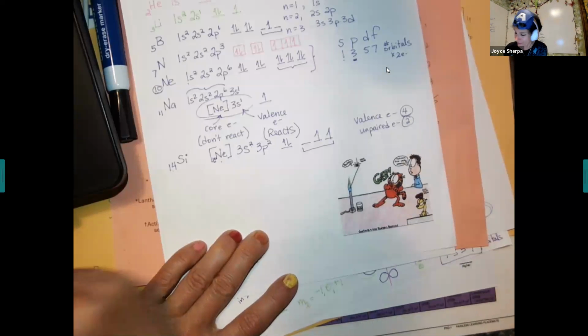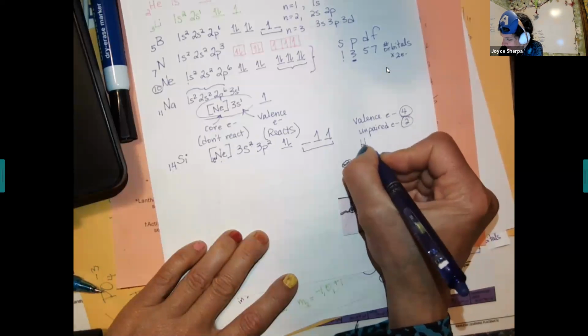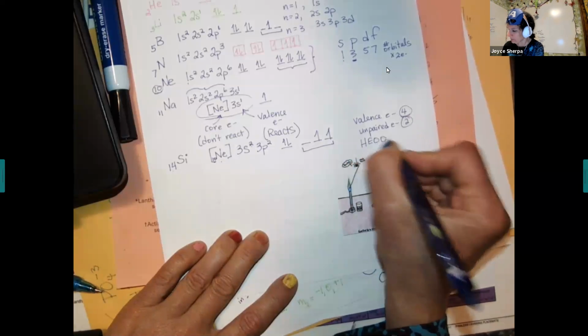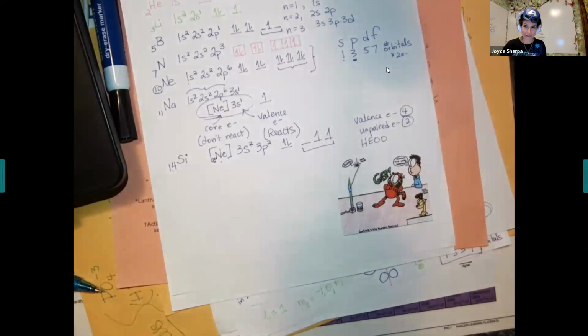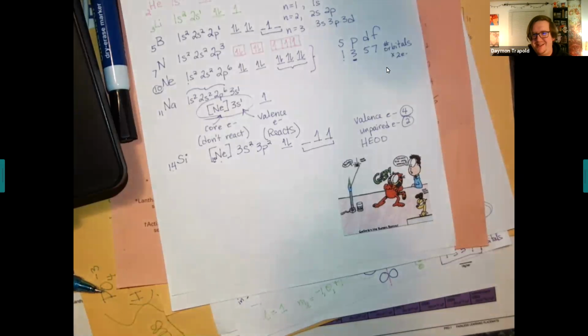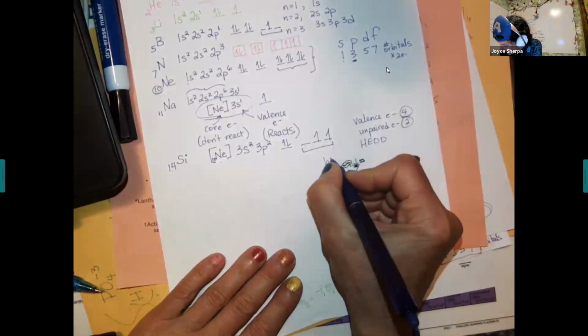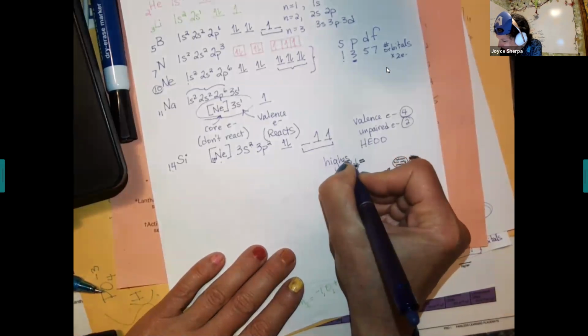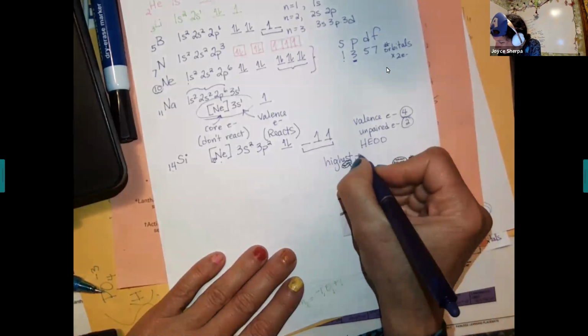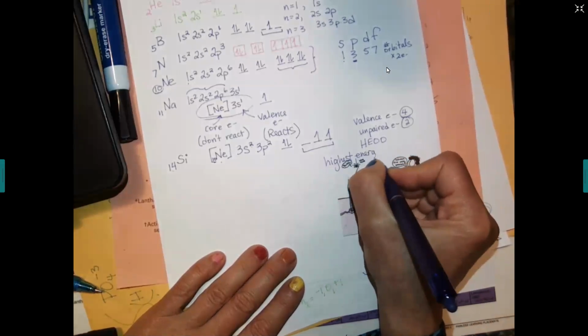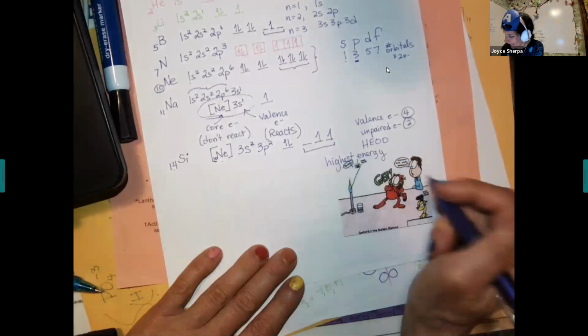Then there's one more question I always ask, which is the HEO. Does anybody remember what HEO stands for? Is it highest electron energy? Oh, yeah, energy. It is highest energy occupied orbital. Nobody says that. Everybody says HEO.